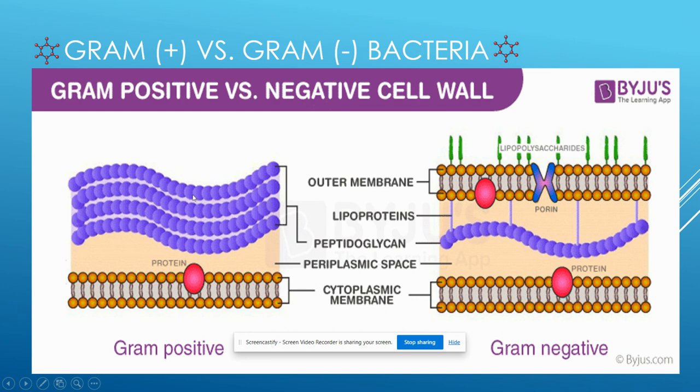On the left, you can see this very thick layer of cell wall made up of that peptidoglycan, whereas on the right, the gram-negative cell has a very thin layer of peptidoglycan. We can also see on the right that your gram-negative bacteria has two different cell membranes, your cytoplasmic membrane around the cytoplasm and your outer membrane, which is on the outside of that cell wall.